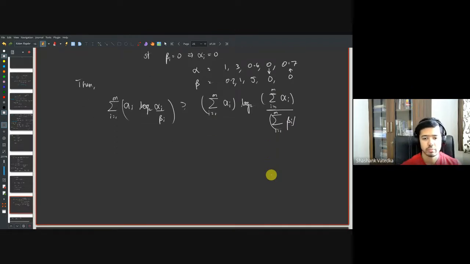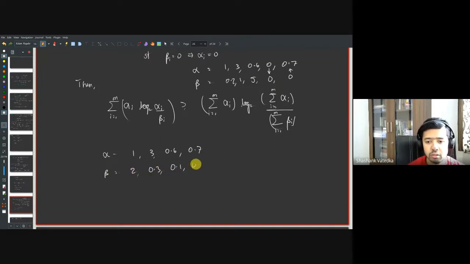So maybe let's just take the following example. I take alpha i to be 1, 3, 0.6, 0.7. Let's just take 4 numbers. So this is my alpha, and this is my beta, which is, let's say, 2, 0.3, 0.1, 0.8.